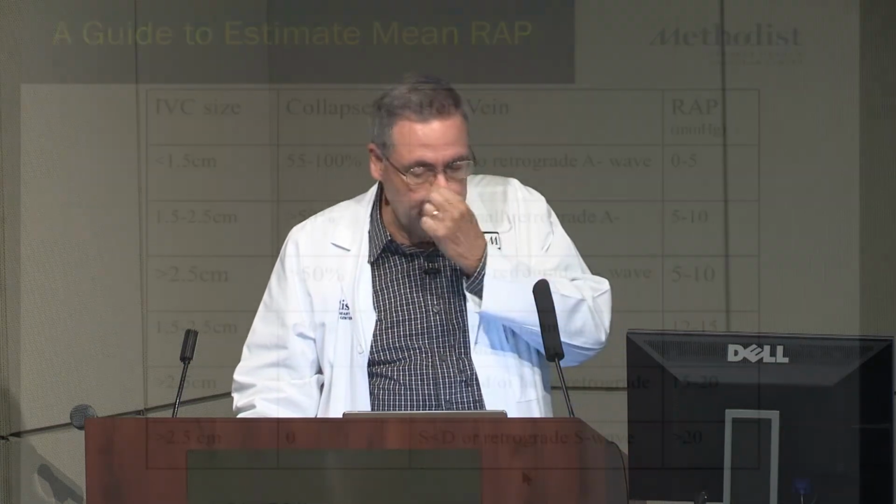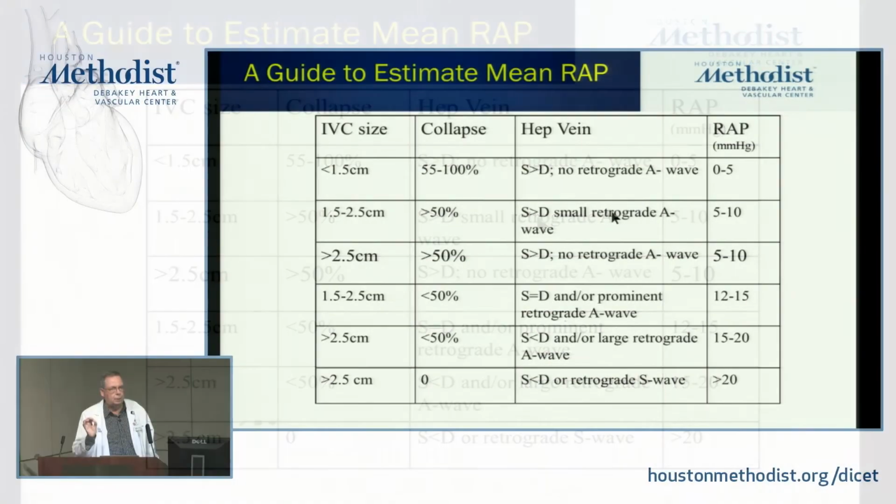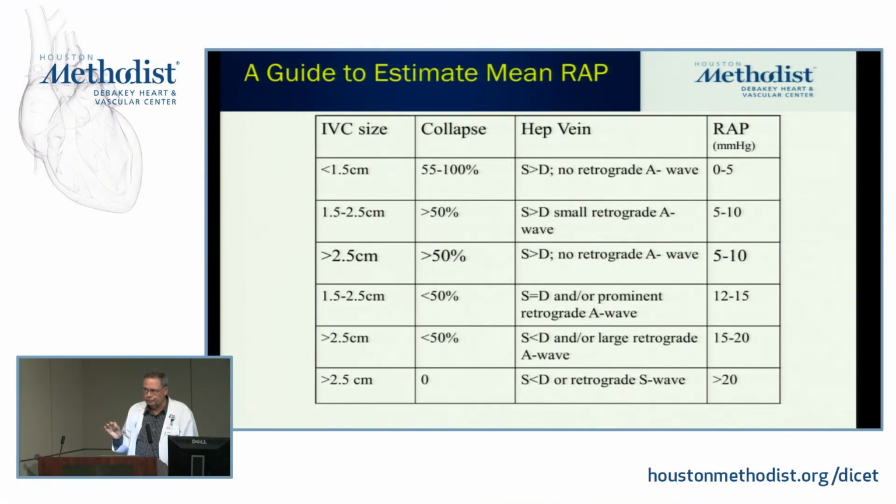And these recommendations are basically integrating the size of the IVC and the collapse with the hepatic veins. One caveat, the hepatic veins work only if you have sinus rhythm and you're not a transplant. If you're a transplant, or you have atrial fib, or pacemaker rhythm, or junctional rhythm, in other words, if you do not have effective atrial contraction, then this has a big X. It's of no value.